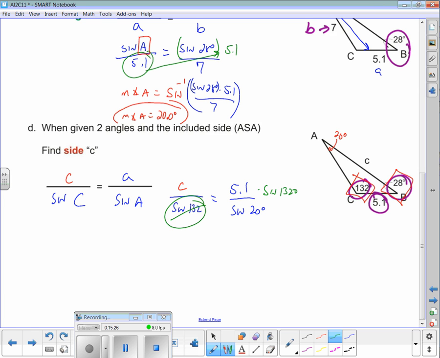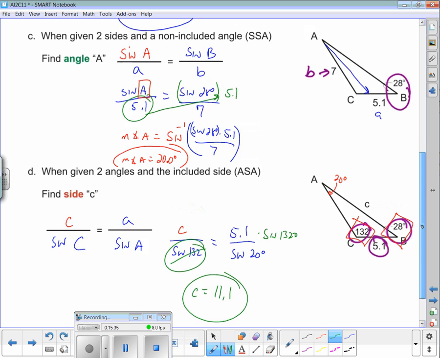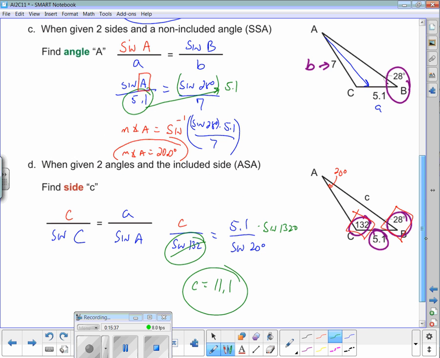And I got 11.1. Okay, 11.1. And that makes sense. That's the longest side. We had a 7 of 5.1. 11.1 makes sense to me. And so 11.1 for that value. Okay? All right, again, if you were not able to get that, make sure you play around with your calculator long enough to where you figure out how to input it and get those values.